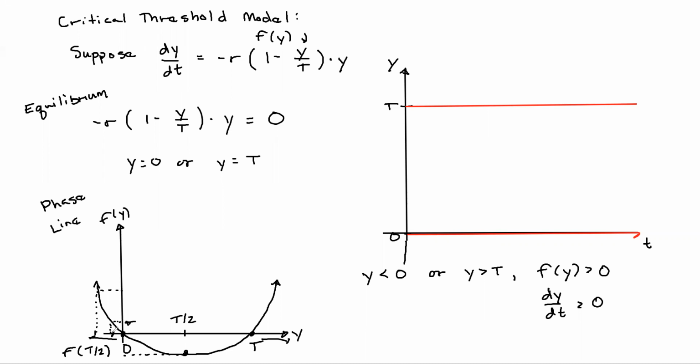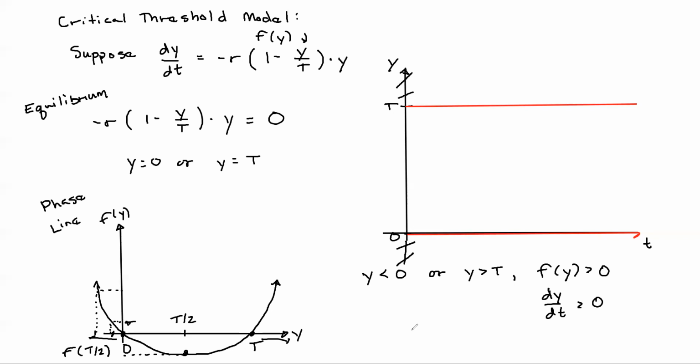So a small value for y corresponds to a small value for f of y, which is a small slope, because f of y is the same as the slope. And if I move further from 0, I get a larger positive f of y, which is going to give me a larger slope. So all of this is a way of saying you're going to have a shallow positive slope and then a steeper positive slope as we move away. And then it's the same thing over here. Near t, we have a shallow positive line, and as we go away from t, you get steeper positive lines.